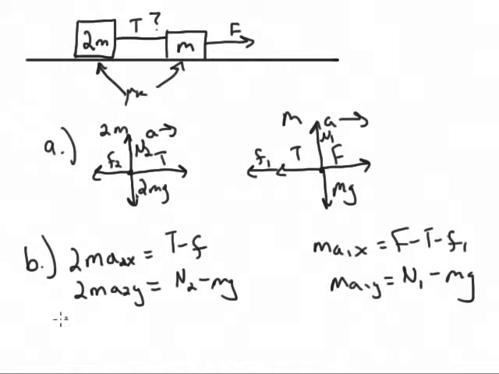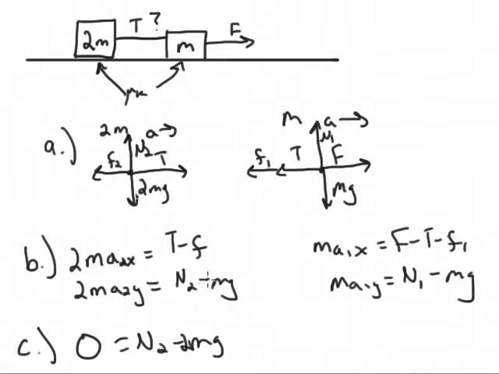Okay, so now part C is apply the constraint that these masses aren't accelerating in the y direction, in the vertical direction, so they're not going into the horizontal plane at all. So what this simplifies to is that we now have 0 equals n2 minus 2mg.